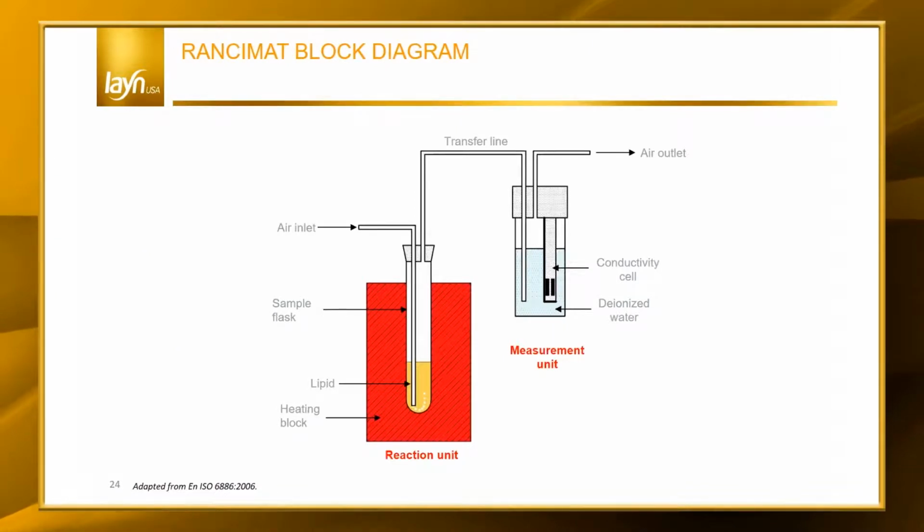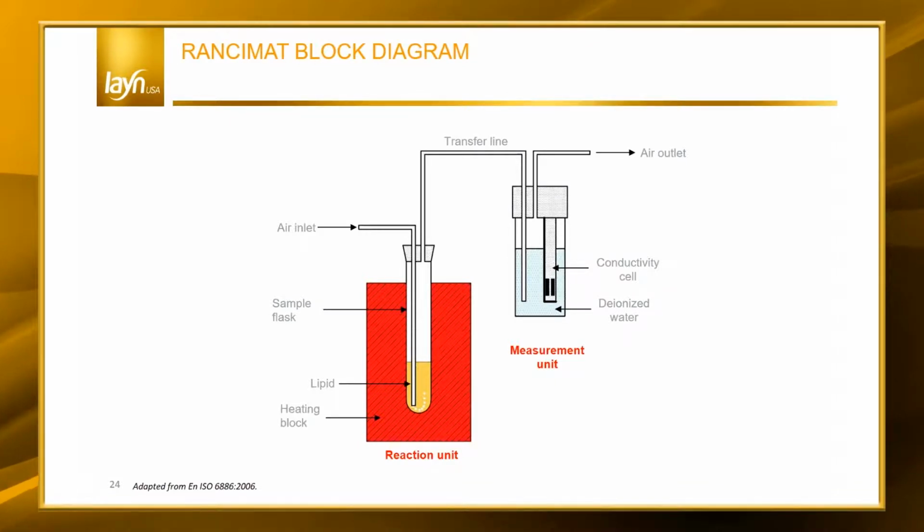Rancimat technology is an automatic, computer-driven, very simple procedure that is free of operating errors because it is totally automatic. The basis of this is we have a sample of the lipid, which is heated and some air is bubbled through it. Heat and air allow the decomposition of these fats.